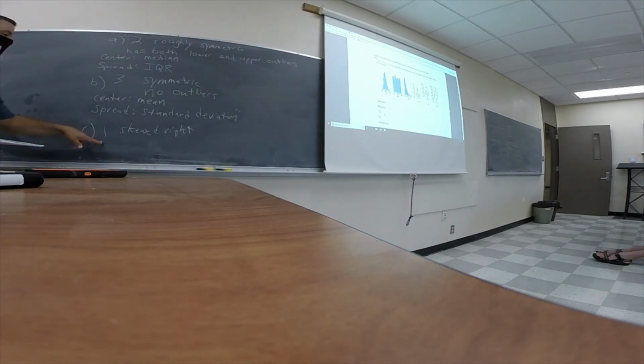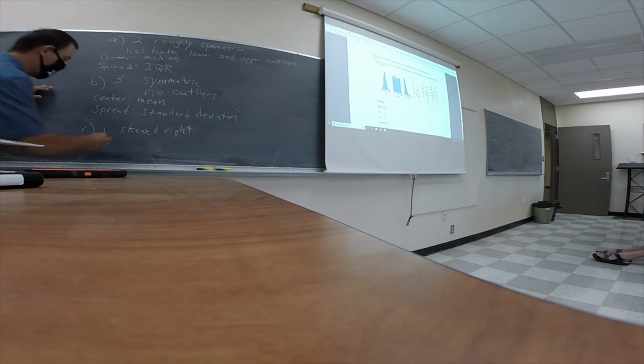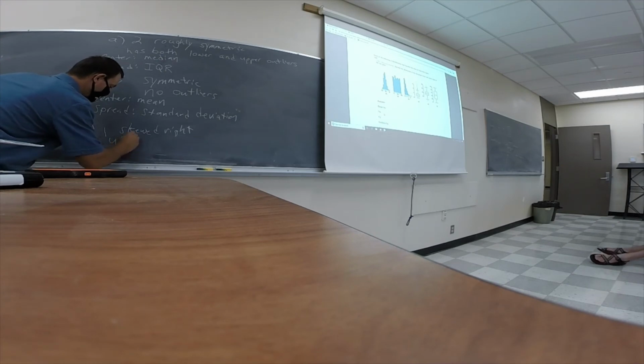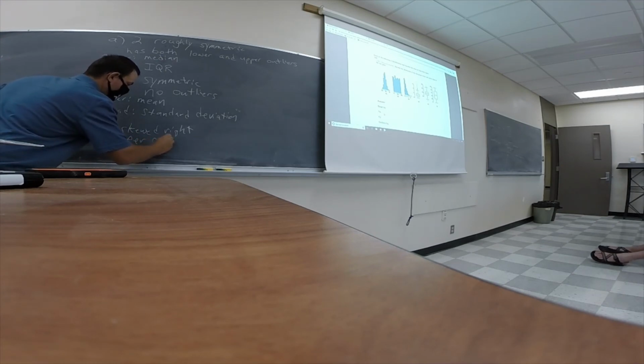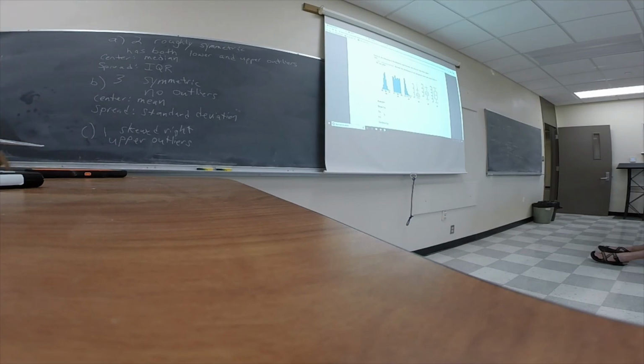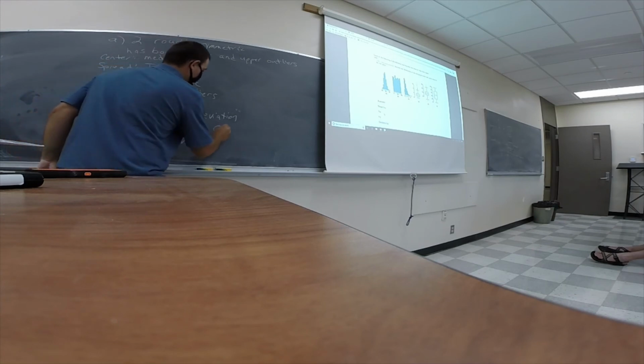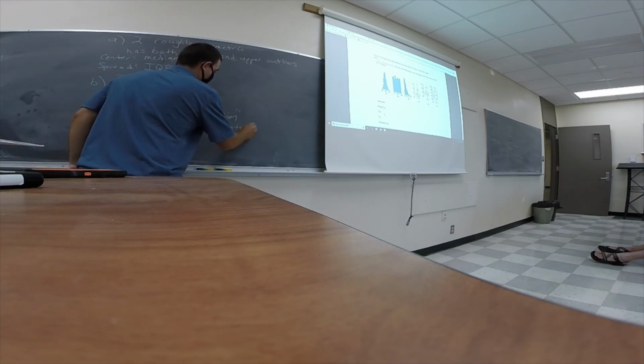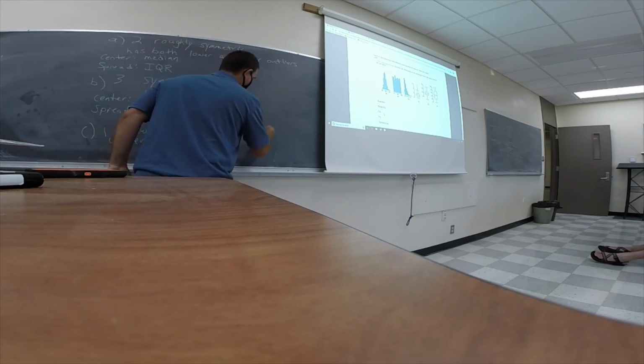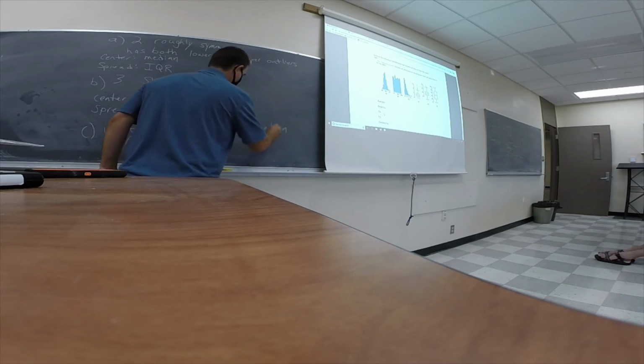Which brings us to our next step. It does have outliers. The outliers are located where? On the upper side. So we have upper outliers. If we are skewed and have outliers, we're going to choose what for the center? The median. If I choose the median for center, then I have to choose what for spread?